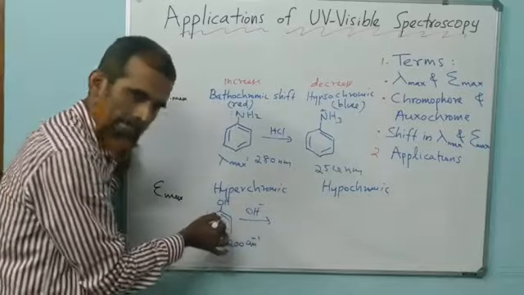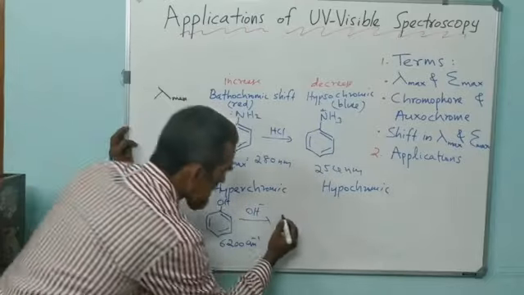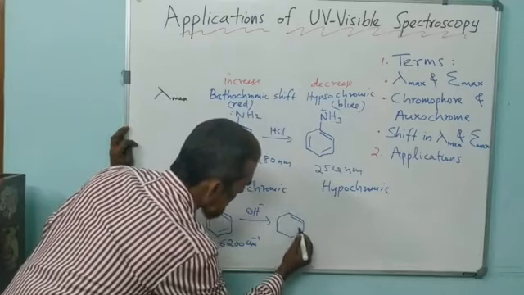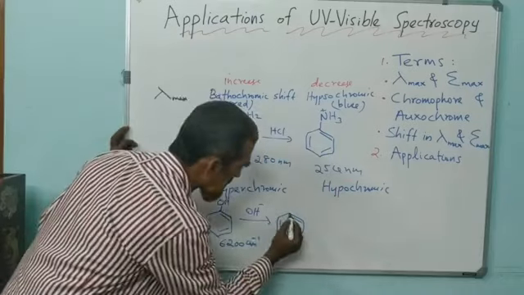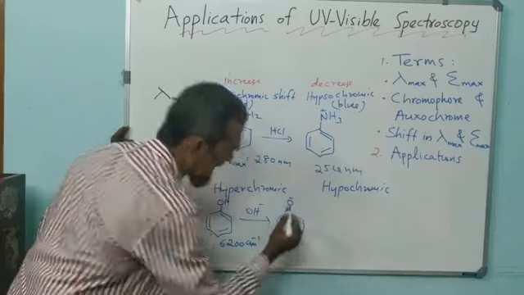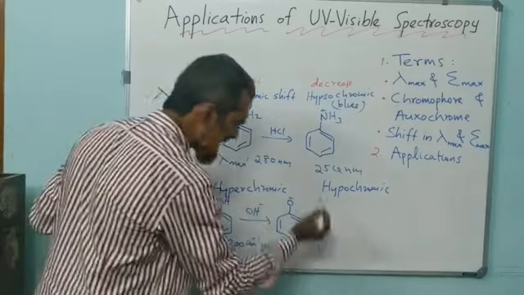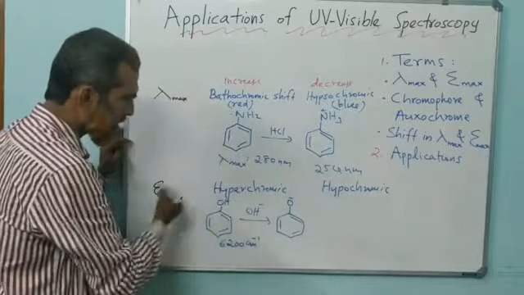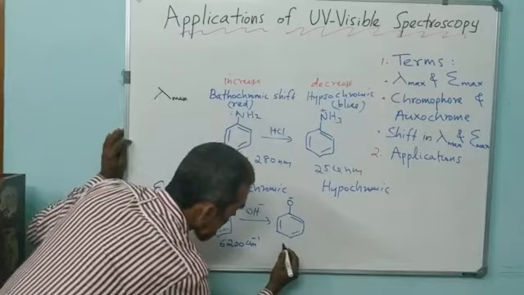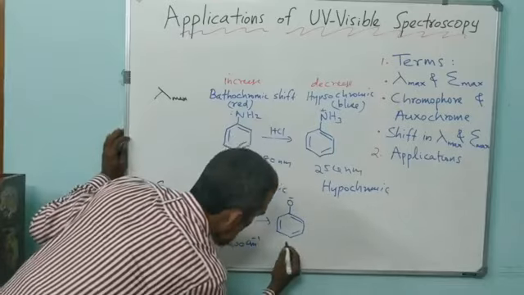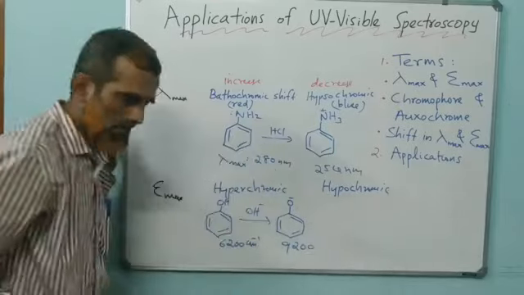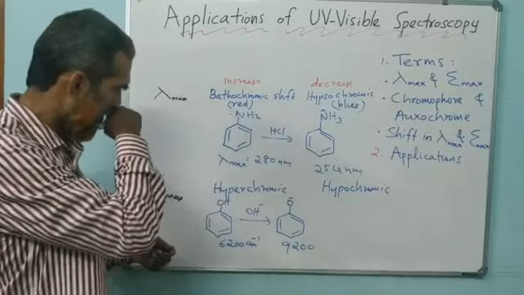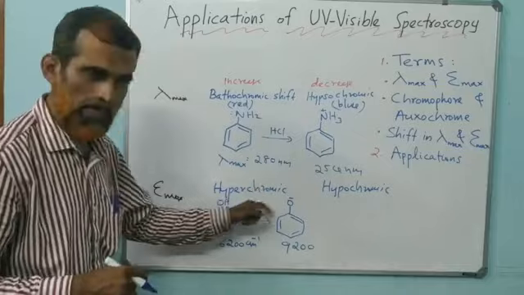When you add a base, NaOH for example, this gets neutralized and becomes a sodium salt, sodium phenoxide, or in effect it becomes O minus. Electron density increases here, and what happens is that the Emax of this molecule comes to the value 9200. It has increased. Intensity of absorption will increase. This is called hyperchromic shift.